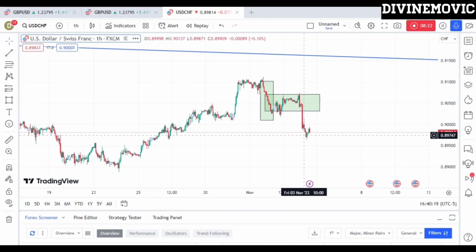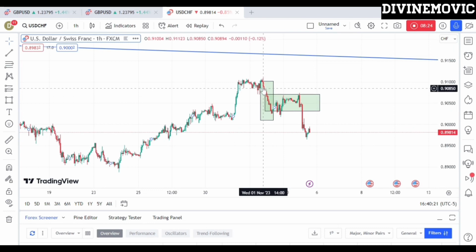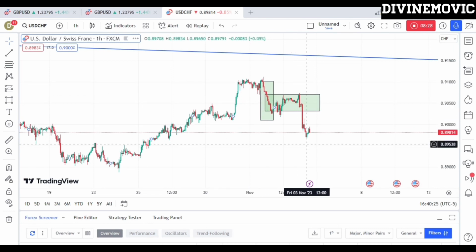So we have seen another type of supply zone, which is called the rally base drop, which signifies a continuation pattern. So what you're simply waiting for now is for price to retrace back into our consolidation phase here and continue the downtrend.